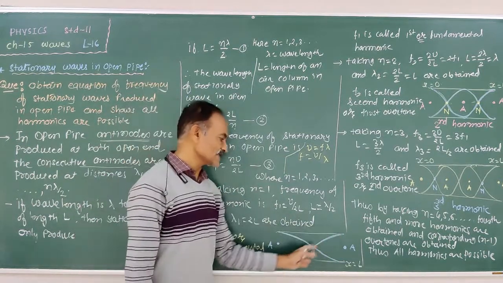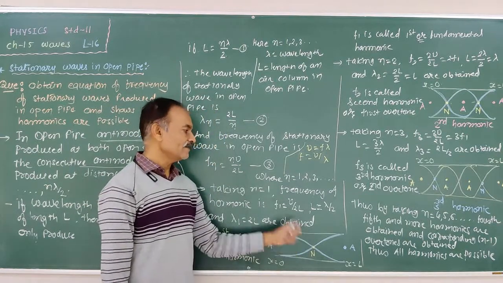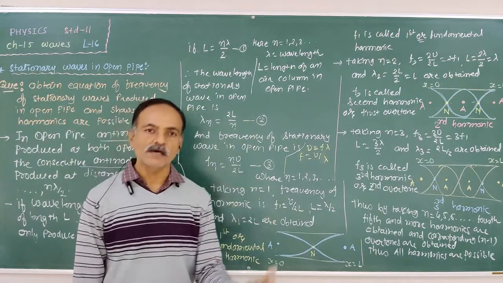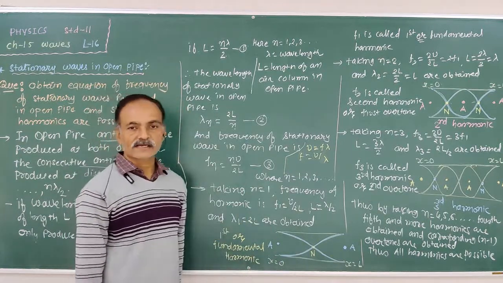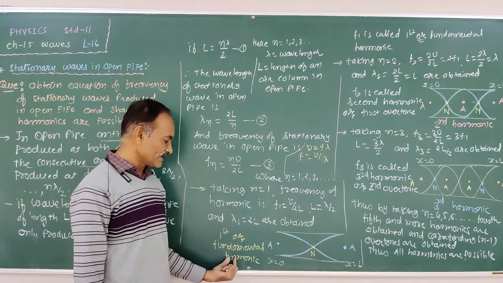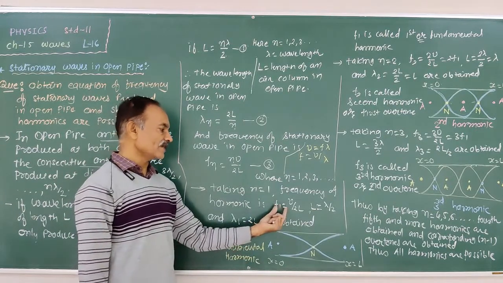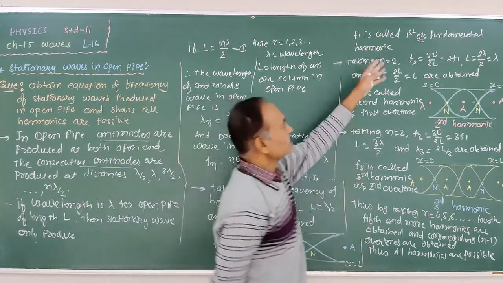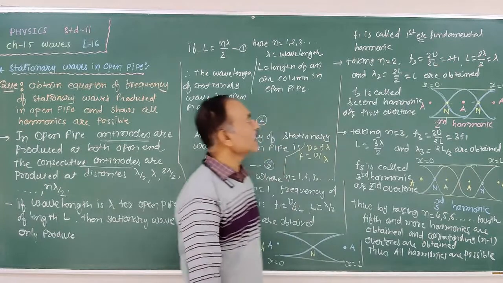Therefore, this type of stationary wave is generated when the air column is oscillating with the fundamental frequency or the first harmonic. So F1 is equal to v upon 2L. Now, F1 is called the first or the fundamental harmonic.